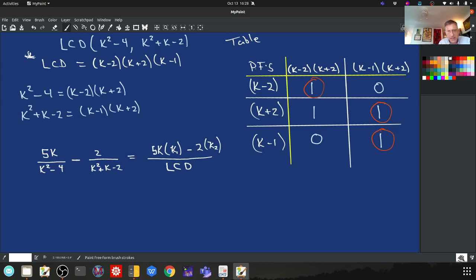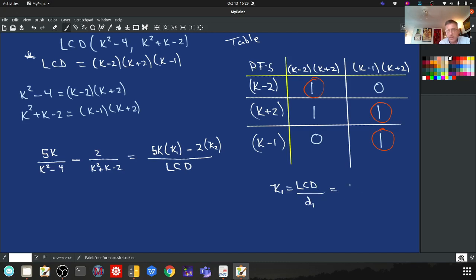I'm writing my k kind of weird right there because the variable over here is k, and that just by coincidence happens to be the same letter that I use for my k1 and k2 factors. So my k1 factor is found by my LCD divided by my first denominator.